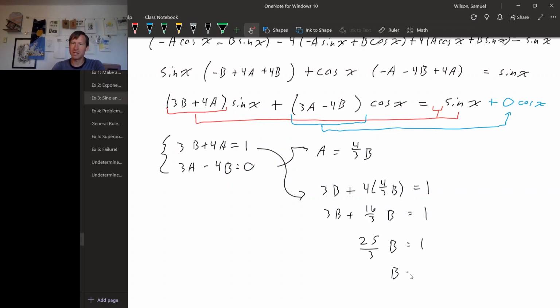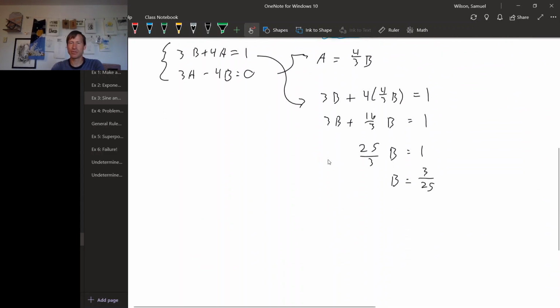And so b is 3/25. And now we can go back and find a. Right, a is 4/3 b, so a is 4/3 times b, which is 3/25. So this is 4/25. And now we know our particular solution.